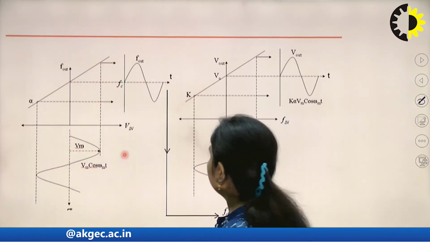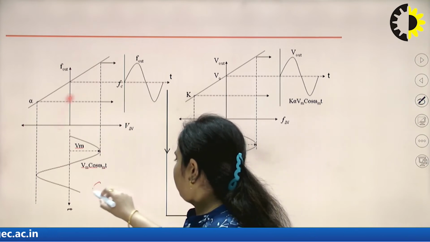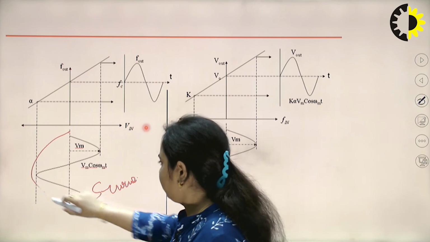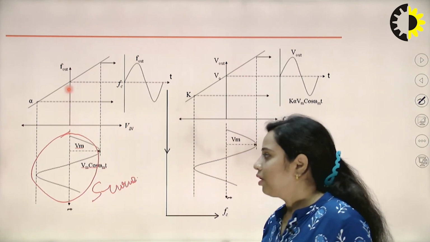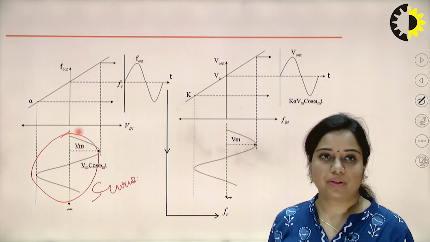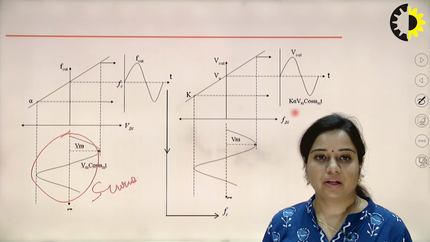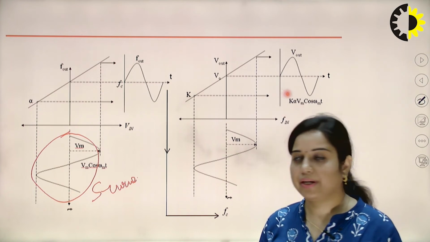Now next is this one, which is showing the S curve. This is basically showing the change in the carrier frequency to the positive side and to the negative side, which is known as the frequency deviation, positive frequency deviation or negative frequency deviation.